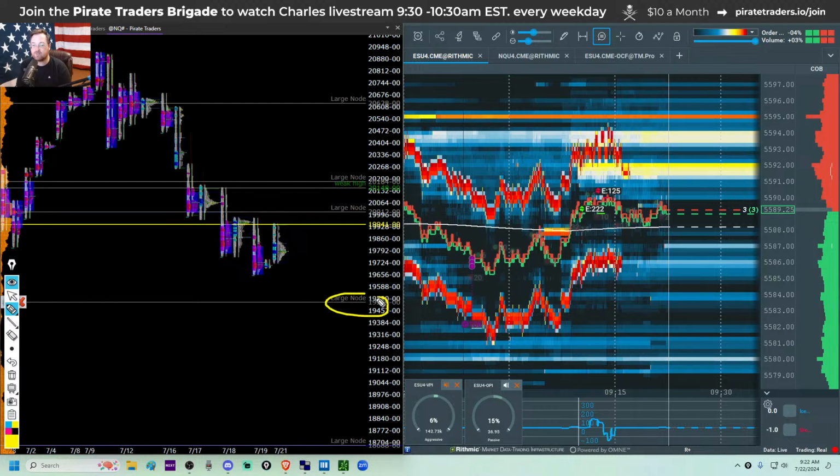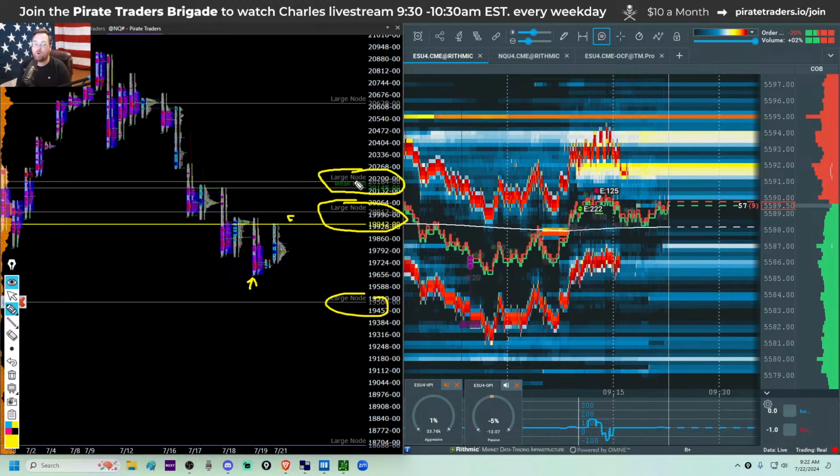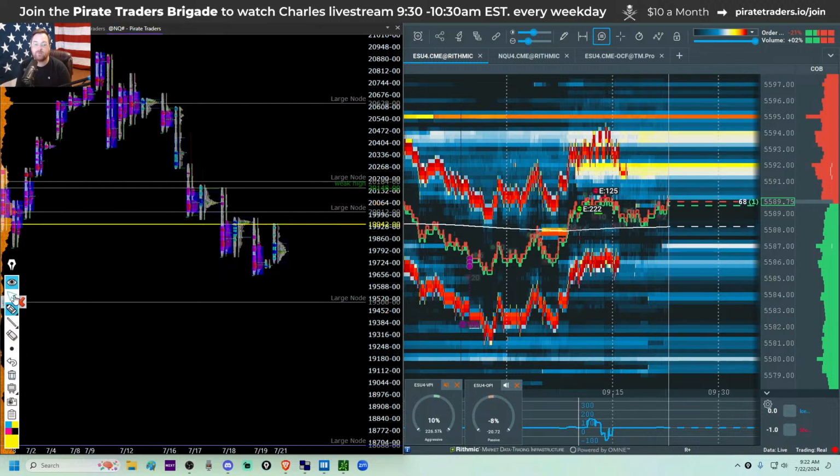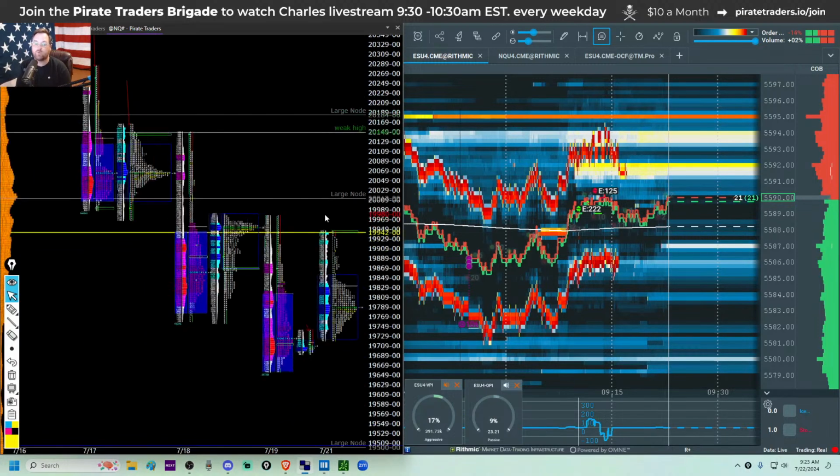That is a target to the downside if the Q makes a lower low. If the Q makes a higher high, the first stop is 20,012. The second stop is 20,184. And it can likely test both of those today if we make a higher high above Friday's high, which is at 19,978. And we are right up against it.